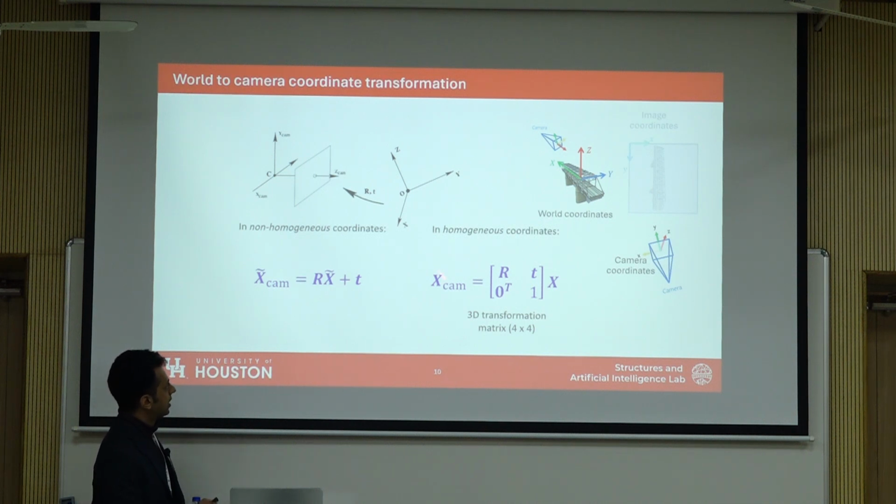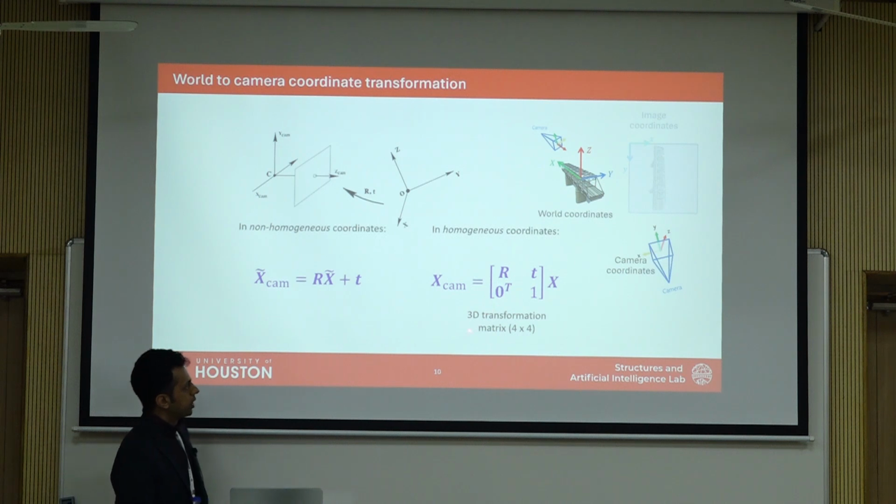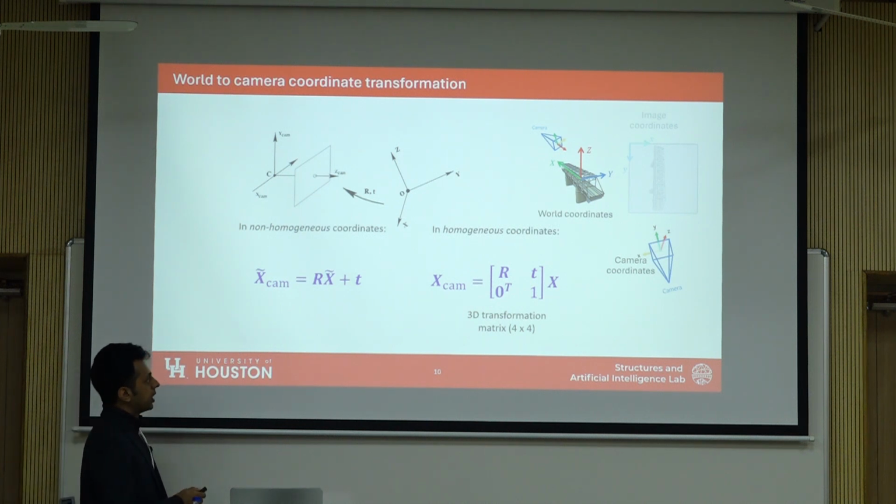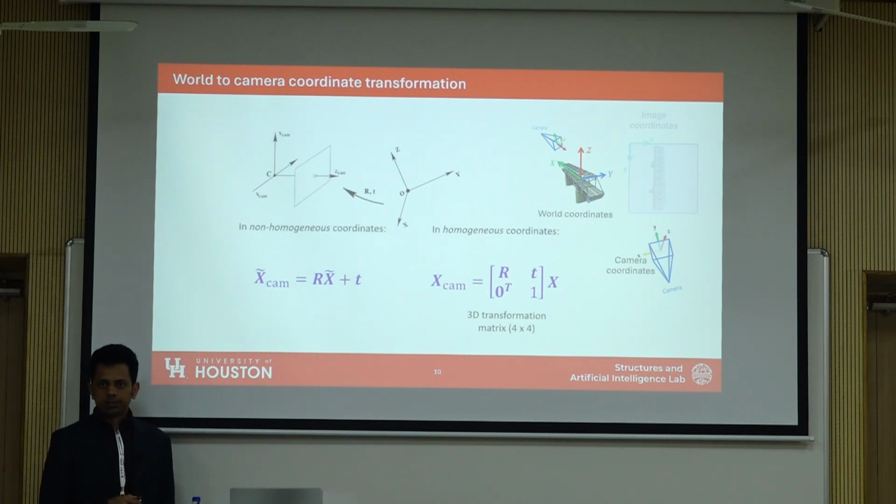And so if I rewrite this expression with the homogeneous coordinate, I'm removing the tilde sign because this is the standard way things are done. My transformation matrix has the rotation matrix, the translation vector, a 0 vector, and a 1. Okay. Now, if you expand this out, you will find that both of these are the same. Okay.